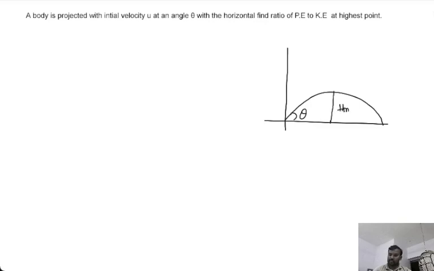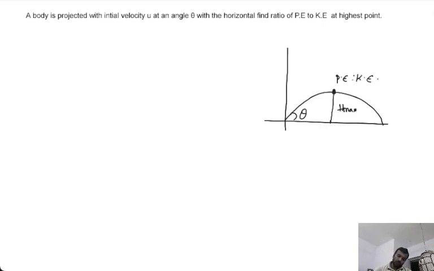Next, a body is projected with initial velocity u at an angle theta with the horizontal. Find the ratio of potential energy to kinetic energy at the highest point. At the highest point, you find the ratio of potential energy to kinetic energy.